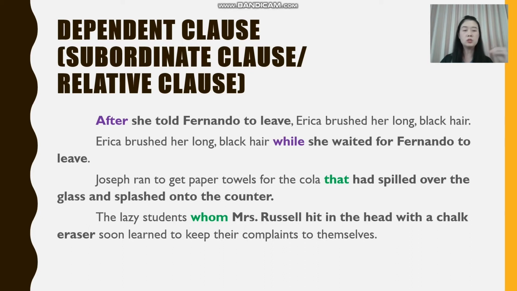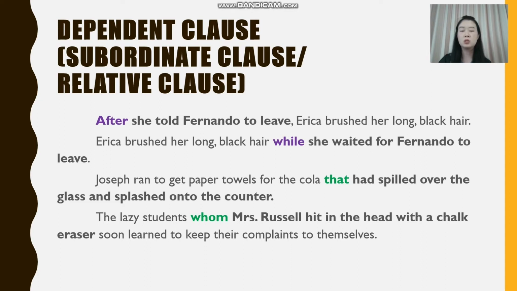So "while she waited for Fernando to leave" is a subordinate clause. That's right. Okay, so in the first two sentences we are using the words after and while, so I just marked them in purple. They are subordinate clauses, because we are using subordinating conjunctions.